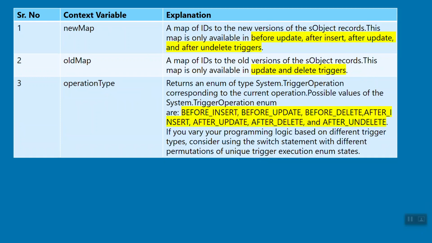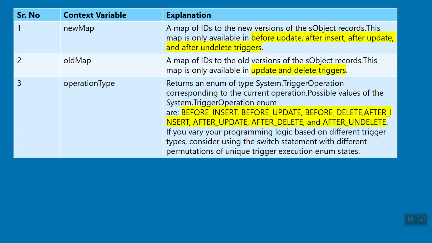And why? Because trigger.newMap states that it will always contain the id of the record and then the new version of its object. That means in case of before insert, we don't have the id of that particular record because the record has not been inserted into the database and still needs to be inserted.